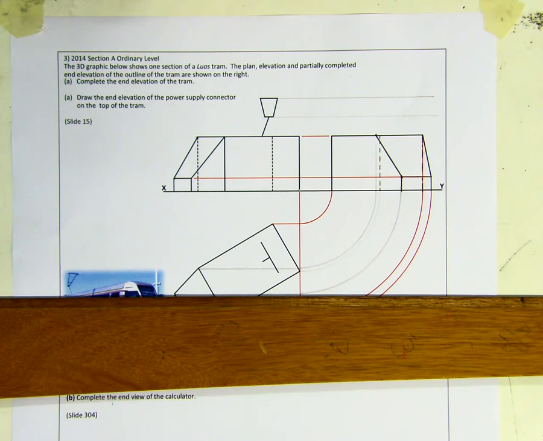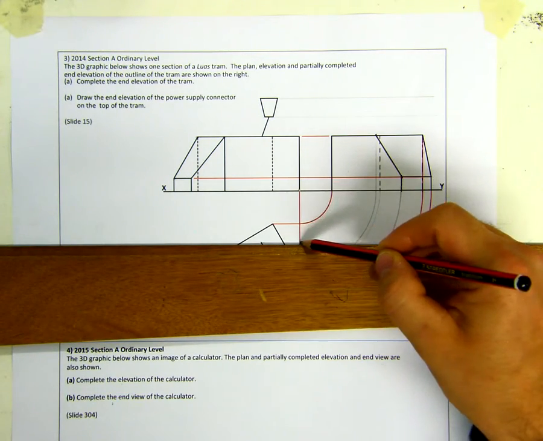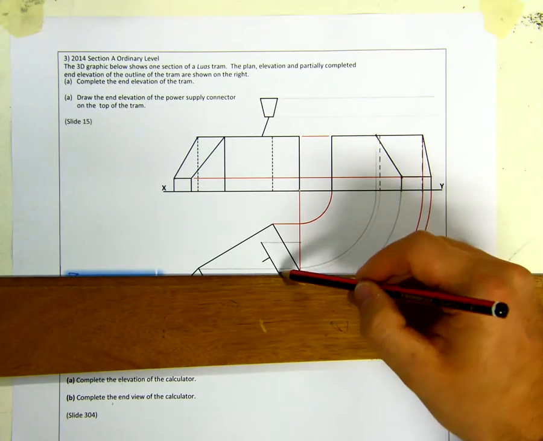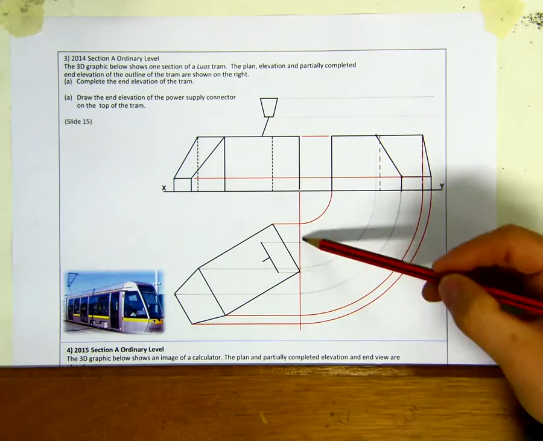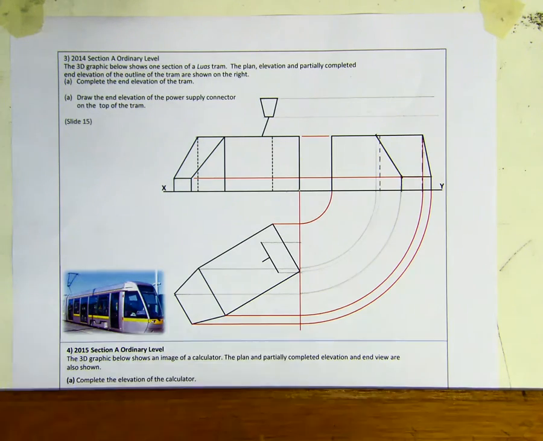So what we need to do then is bring our points across. So 1 point across here. Where it hits this point here comes across also. For them to hit this line, we rotate them around using our compass.